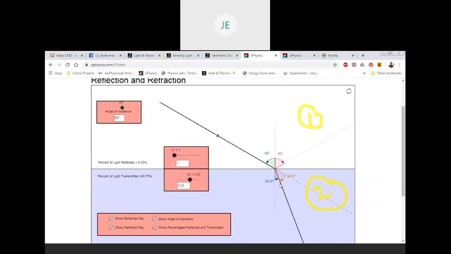The angle between the refracted ray and the normal is called the angle of refraction, and the angle between the refracted ray and the extended incident ray is called the angle of deviation. And we have also learned about the interface, which separates the two media.